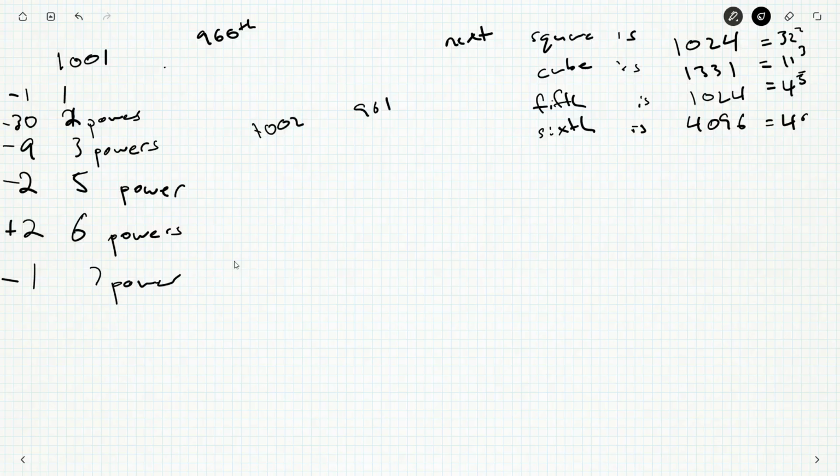So 1002 will be the 961st. 1003 will be the 962nd, all the way up to 1023. So add 20 onto this one, so 982nd. We're going to skip over 1024 because he wouldn't be in our list because he's a square. So 1025 would be the 983rd term.